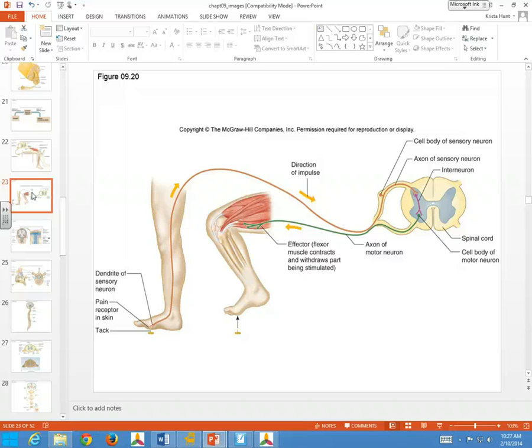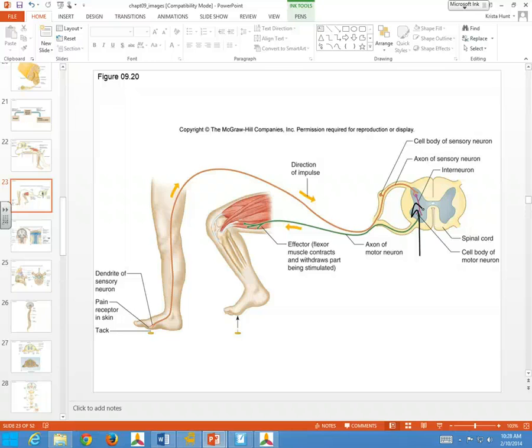The brain would interpret the signal. Hey, you stepped on a pin. Please move your foot. And send it back down. But because this is a protective reflex, we don't want it to take that long, even though that's less than a second. We want it faster. So that's why we have these little interneurons, these little connectors, that let you take a little shortcut, right from the sensory to the motor, lift it up.